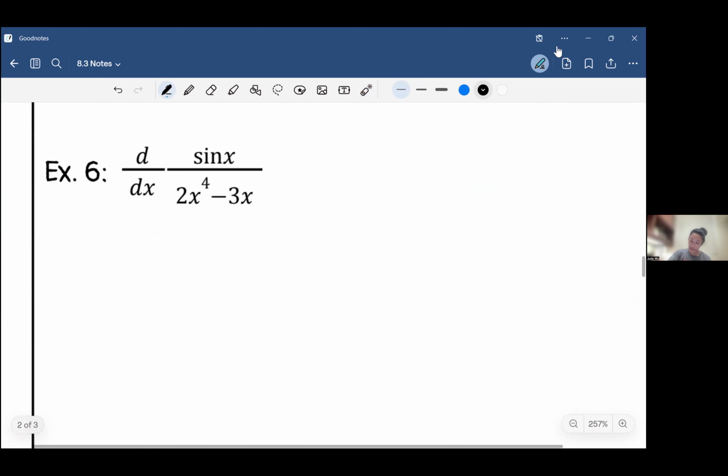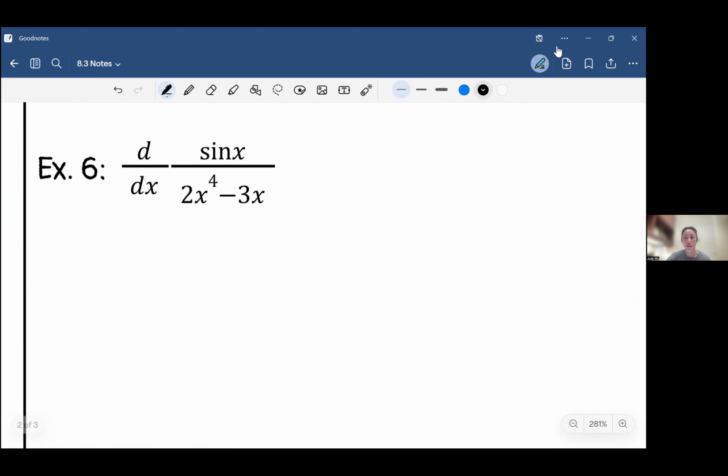All right, let's take a look at example 6. Find the derivative of sine x divided by 2x to the fourth minus 3x. Well, when I look at this, I am thinking quotient rule.